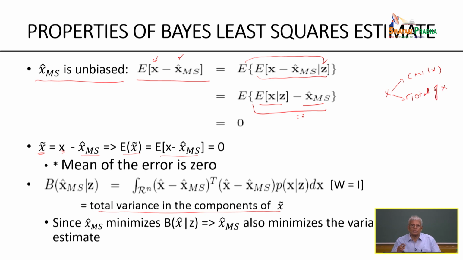The total variance of x is equal to the sum of the variances of the individual components of x, and that's also equal to the trace of the covariance matrix of x. That is the basic property. So the total variance of the components of x, I'm going to compute as an inner product, which is x hat minus x hat MS.